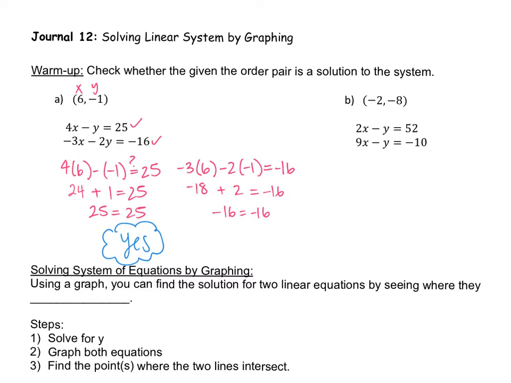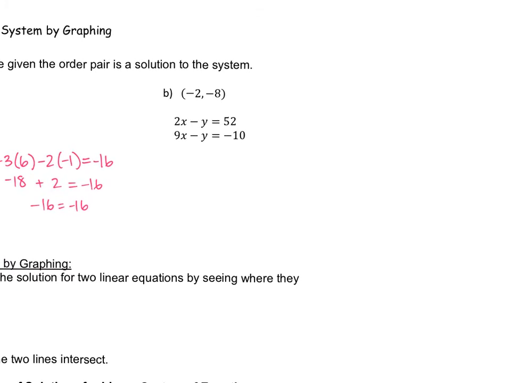All right, let's try out B here. So for B here, we have x as -2 and y as -8. So plugging this into the first equation here, that's going to be 2 times -2 minus y, which is -8, equals 52.